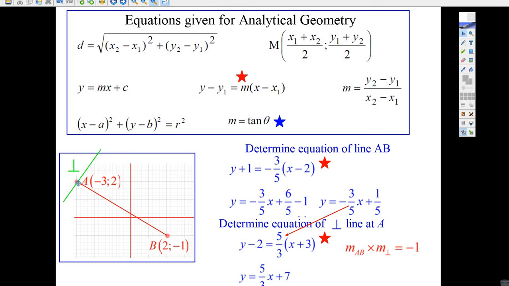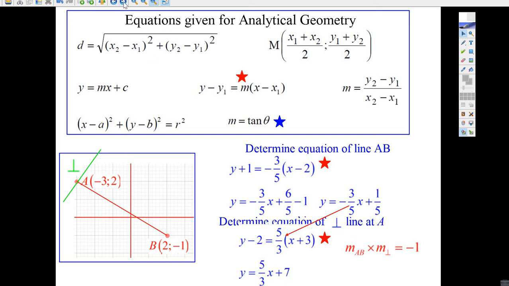We want to find it right at the point -3 and 2. So there's y minus y1 is 2, and x minus -3. So that turns into a +3. Well, 5/3 times x, 5/3 times 3, the 3's cancel, you get 5, and then add 2, and that makes sense why you would get that 5/3x plus 7 is your final answer.